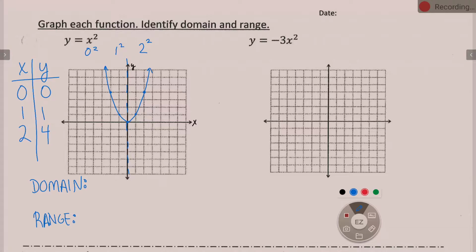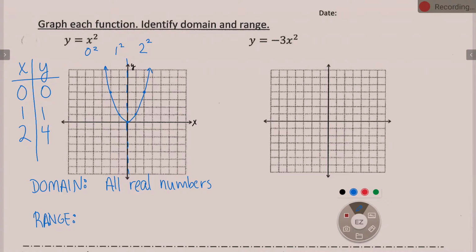As it goes up, it's going to keep getting wider and wider and wider. Technically, does it ever stop? No. So our domain, our x values, are what we call all real numbers, because that parabola keeps getting wider and wider. Any x value we put in there would work.